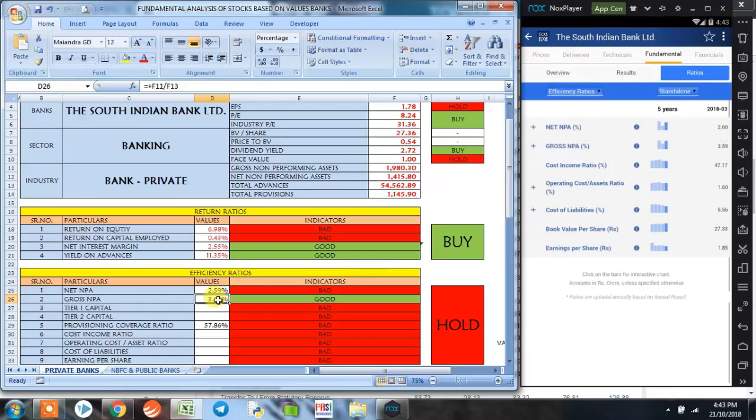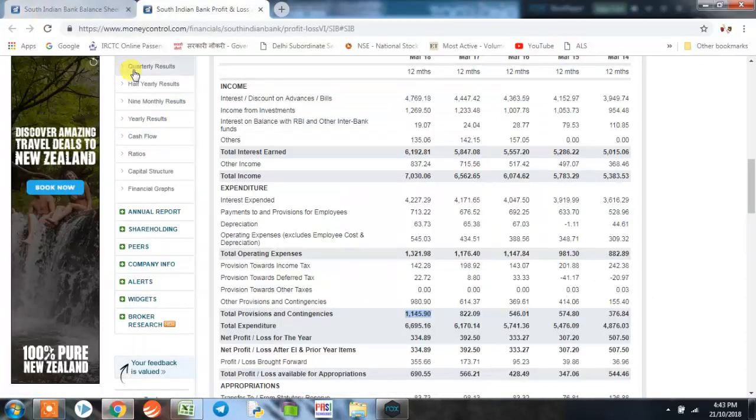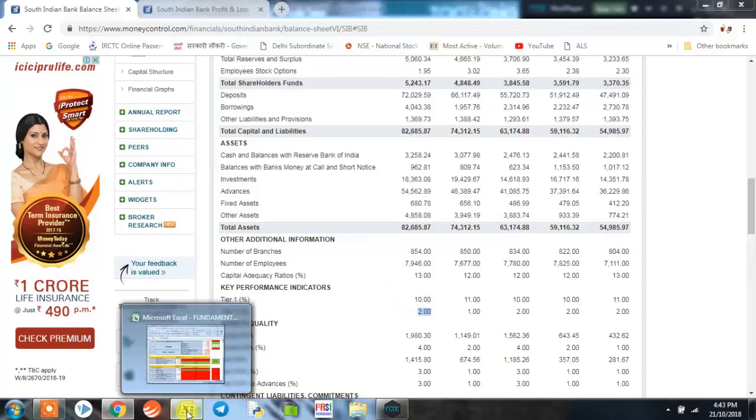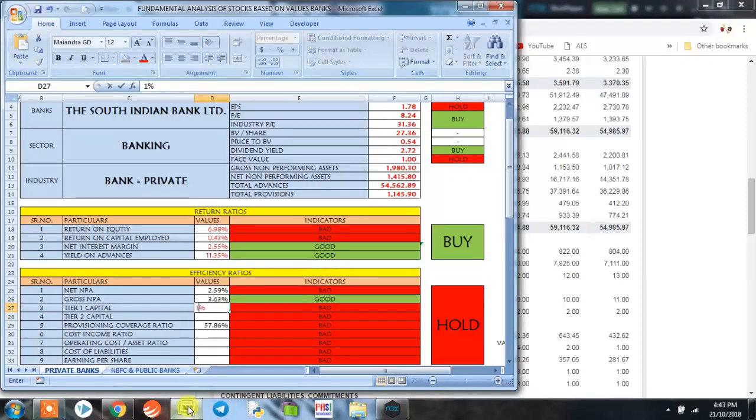The gross NPA is 3.63%, whereas here it is 3.59%. Now for tier 1 capital, we'll again have to go to the website, and under balance sheet we could see tier 1 percentage is 10 and tier 2 percentage is 2. So again going to the program, tier 1 percentage is 10 and tier 2 capital is 2.